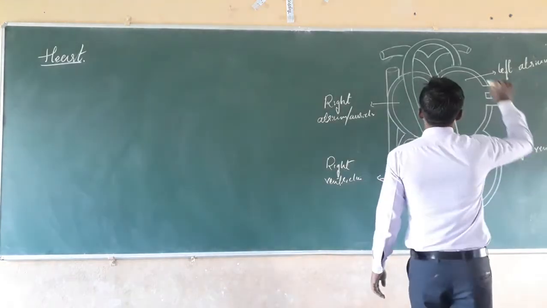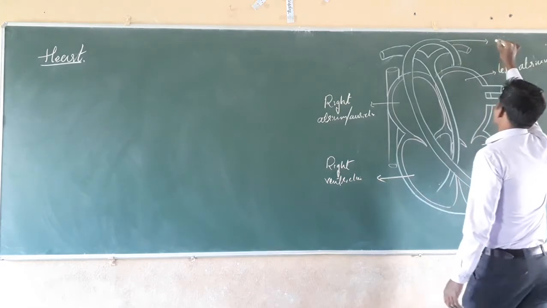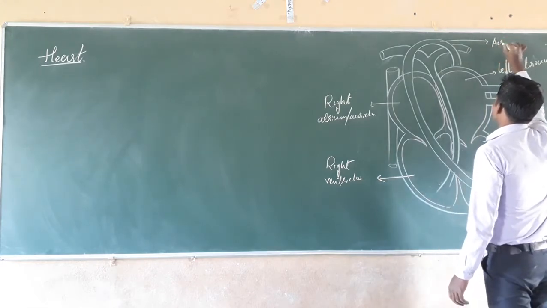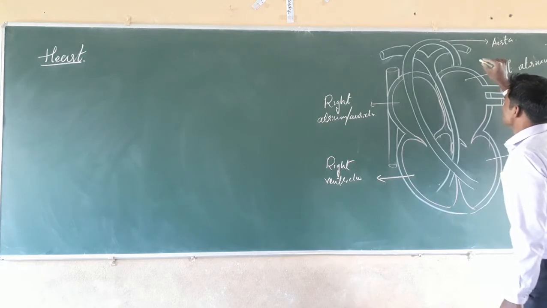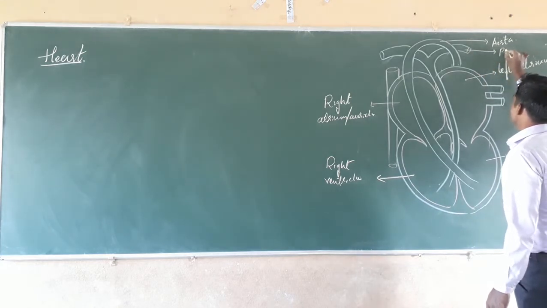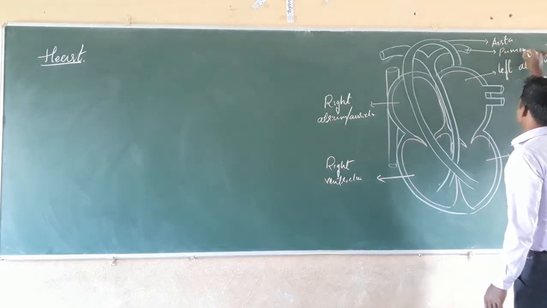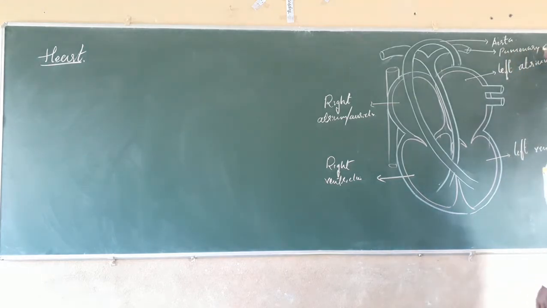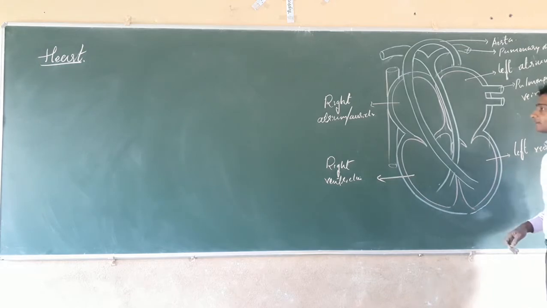Then this is called the aorta. These are called the pulmonary arteries. These are called the pulmonary veins.